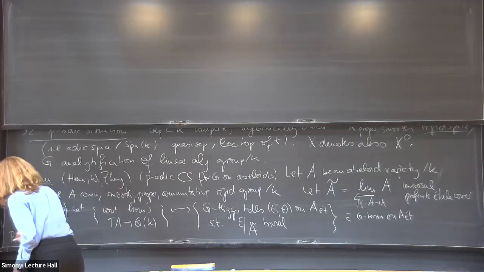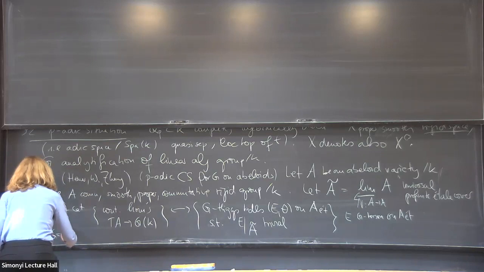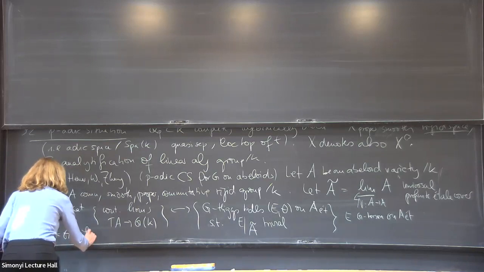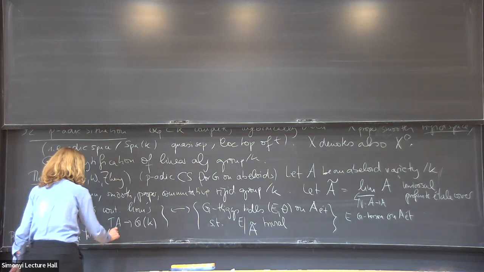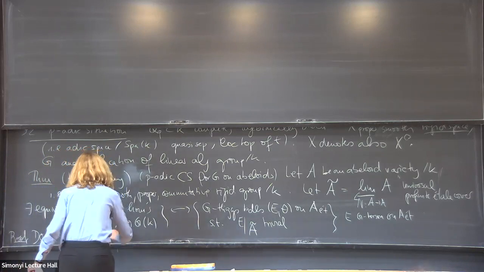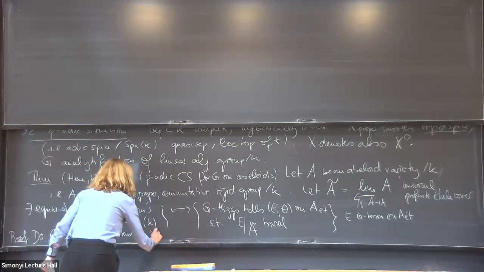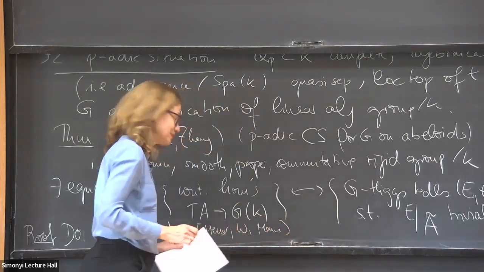Okay, and the proof of this fact, of course, you do GL_n first, and this was done in a joint paper together with Ben and Lucas, so this was Werner and Lucas Mann, who is here.